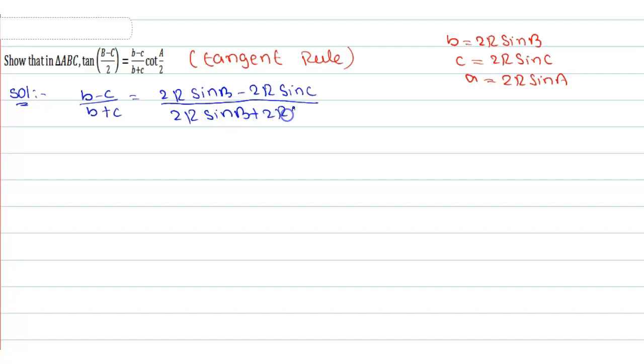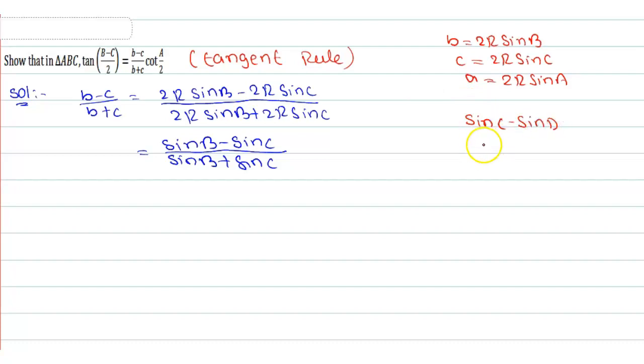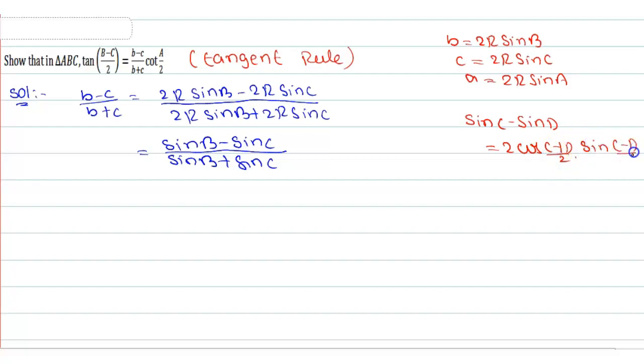plus 2R sin C. Here I can take 2R common in the numerator and 2R common in the denominator, and cancel directly. So the leftover values I am writing: sin B minus sin C by sin B plus sin C. Here we have the formula sin C minus sin D. Sin C minus sin D formula is 2 cos of (C plus D) by 2 into sin of (C minus D) by 2.